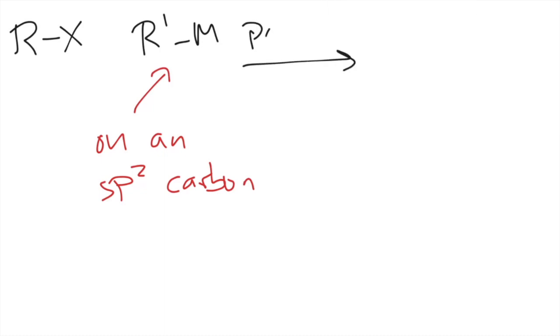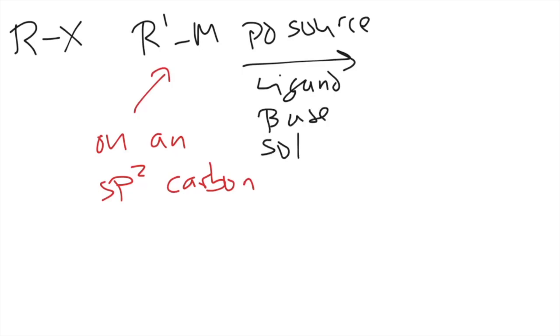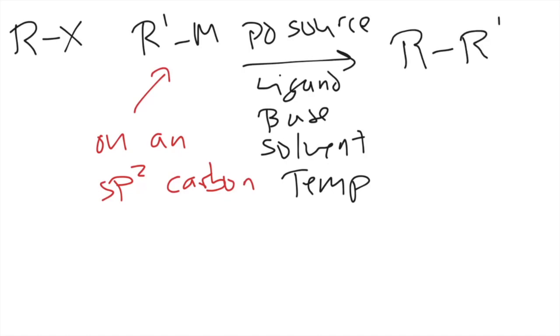You're going to have that palladium source, your ligand that will get added after the fact, base, solvent, temp. And then this will put together those two R groups and make a bond. So far, so good?